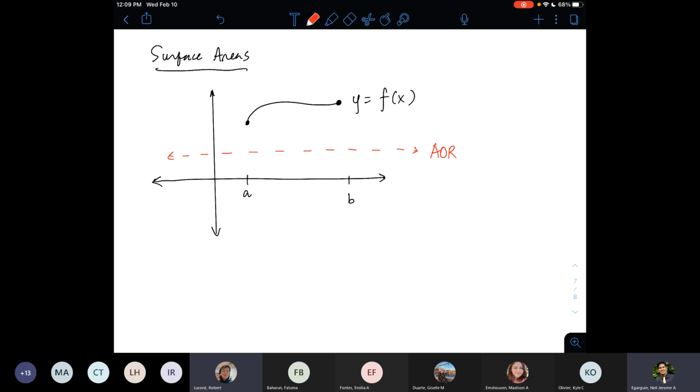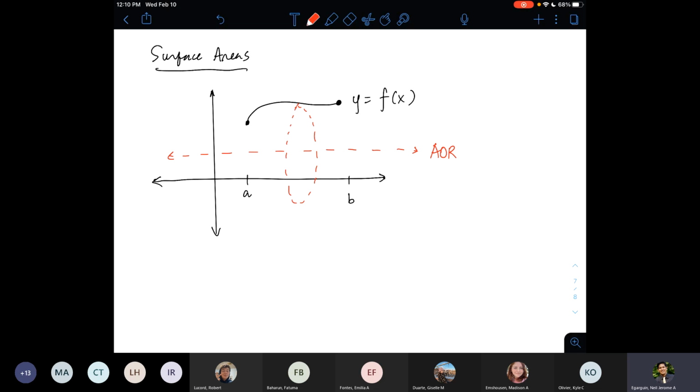So basically this gets rotated over here, and you get like a cylinder or like a vase. I hope you can imagine what happens here. It's like a vase, which is hollow inside. So that's why you can only compute the surface area here.